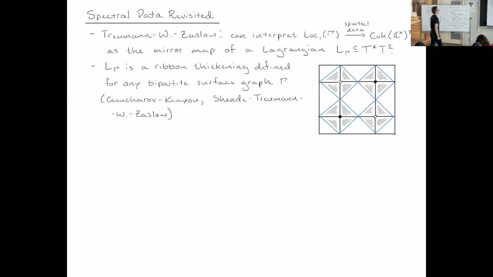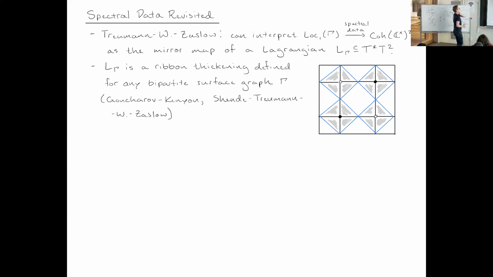There's a general construction that takes a bipartite graph on a surface and produces a Lagrangian submanifold of the cotangent bundle to that surface. This was an idea that came out of the Goncharov-Kenyon work, and then we worked it out with Treumann, Zaslow, and Shende. And then we showed with Treumann and Zaslow that this gives you a mirror symmetry interpretation of this spectral construction appearing in the dimer model.